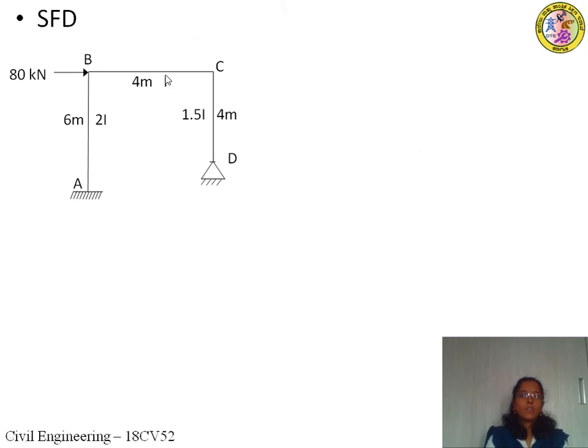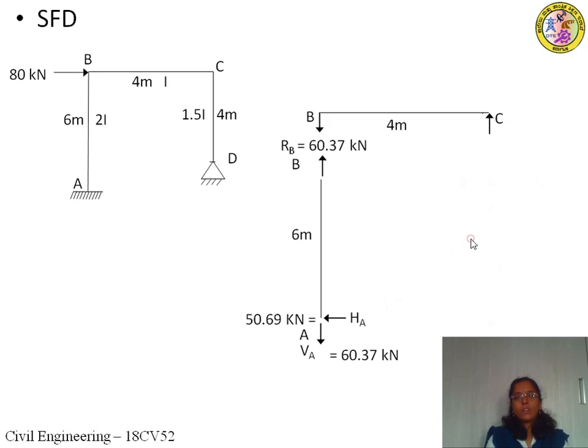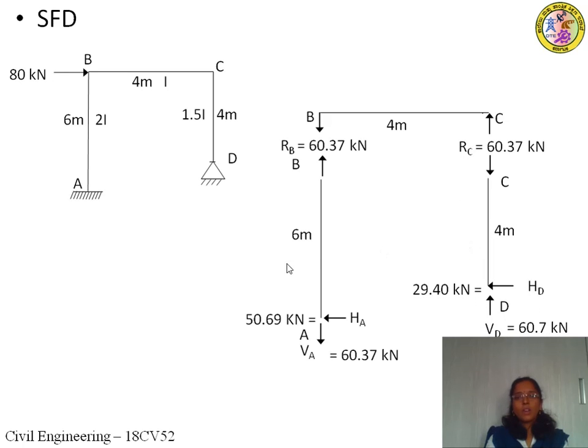So now let us plot the shear force diagram. To draw the shear force diagram, this is the base given structure. Let us consider the different elements along with the reactive components. First, consider the baseline as similar to that of the given frame. Let us draw it for the horizontal member. Shear force to the left of B is 0.